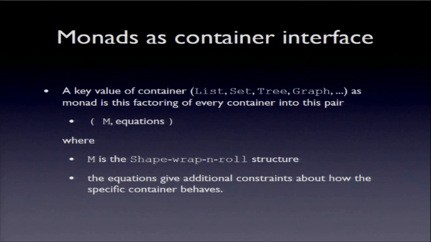Okay. So just to summarize then, the key value of writing your container code, whether it's list, set, tree, graph, in terms of an interface called monad, is that they all share some underlying code, which you get to factor out and maintain one time instead of dozens of places all throughout your code, right? And some additional constraints make them specific, like set over list. Now, it's really interesting, right?